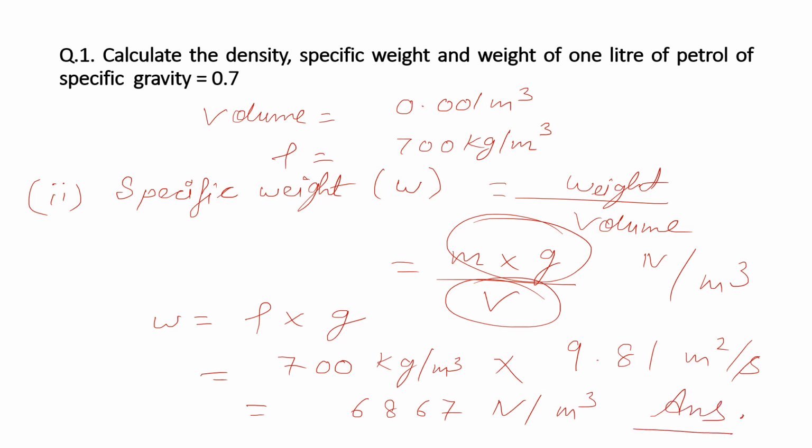Now let's move to the third part, that is we need to find weight. Here we will use the formula of specific weight, which is defined as ratio of weight to volume.